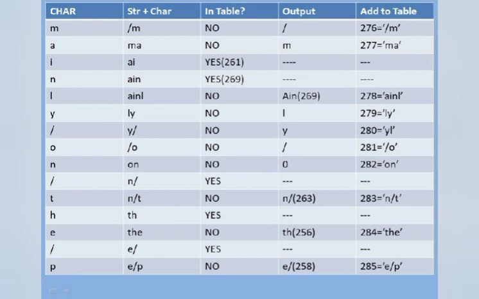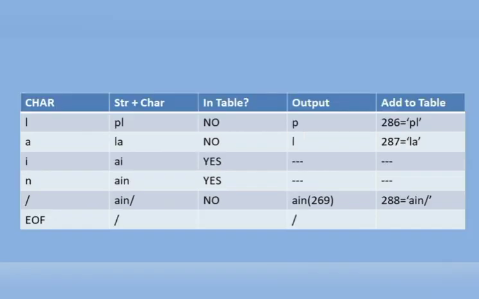Now after AINL we will continue the same process till the end, traversing each and every character and compressing it. As you can see, the final thing is end of file and the slash will be output. The final value in the table will be AIN slash at position 288.